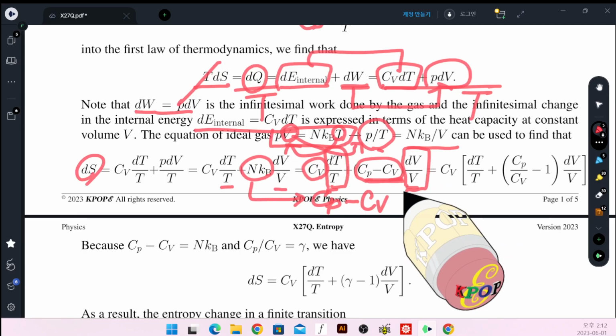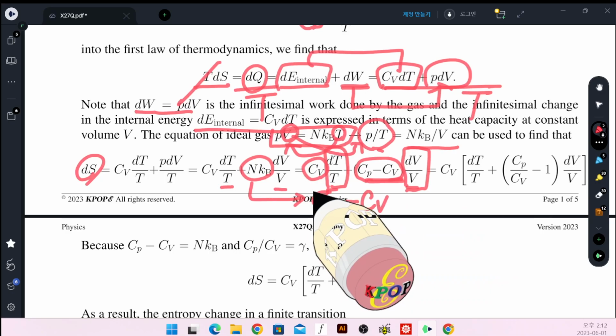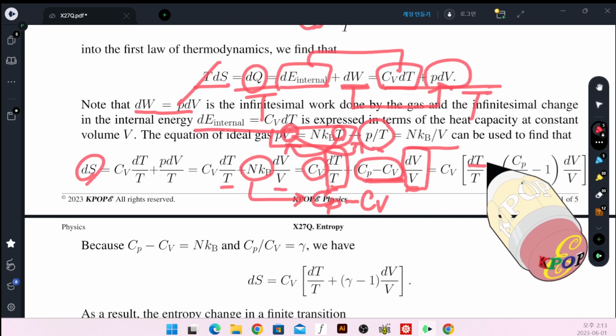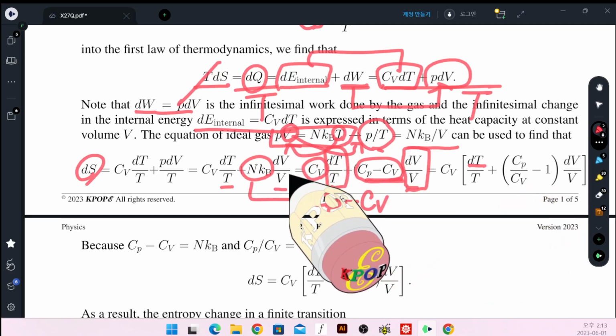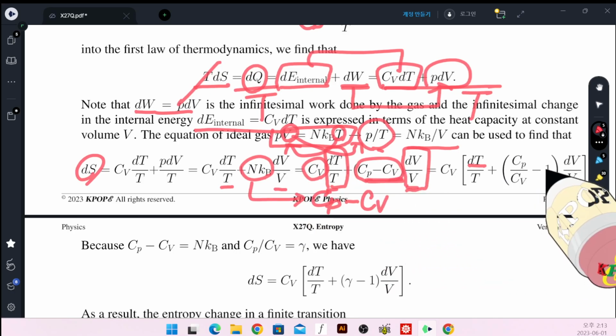By the way, we have pulled out. Wait a second. This one has a dT over T, and if I pull CV out, this becomes Cp over Cv minus 1.